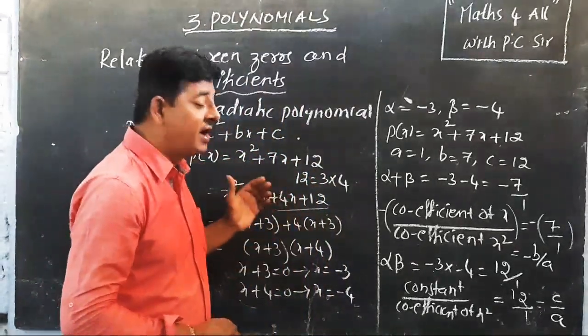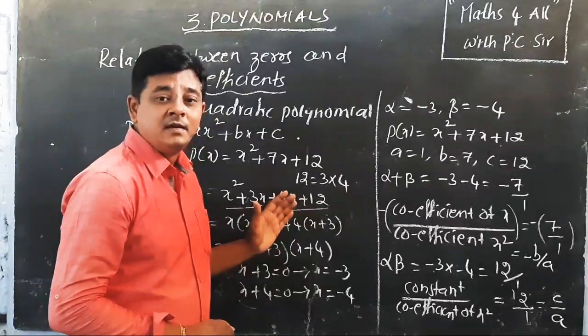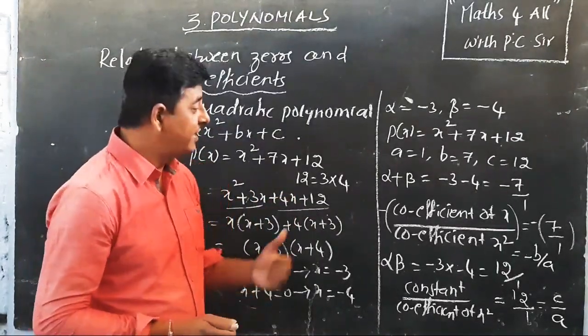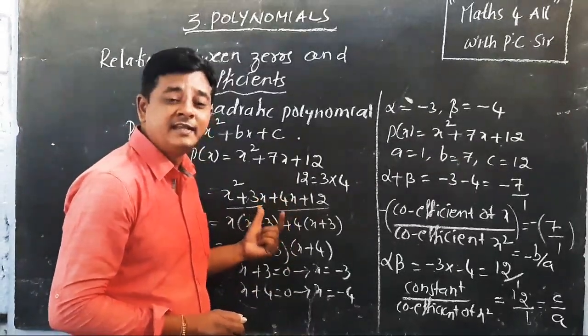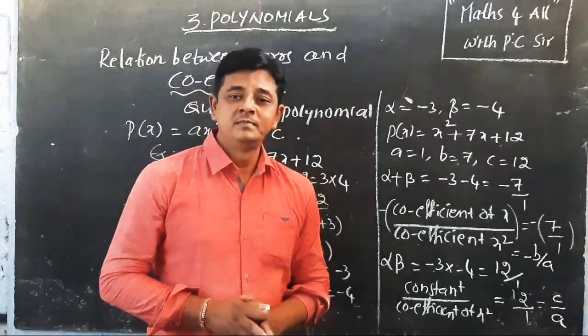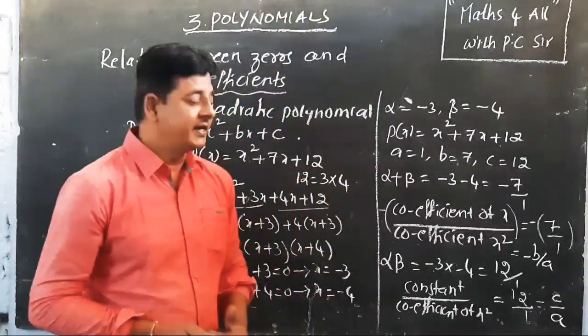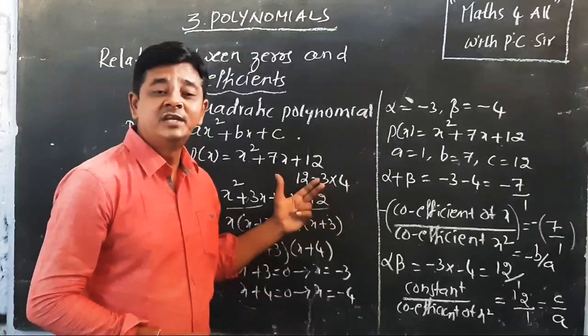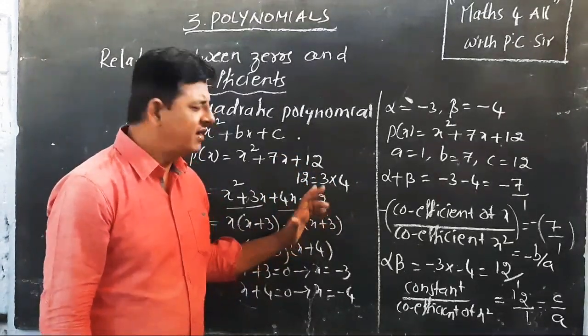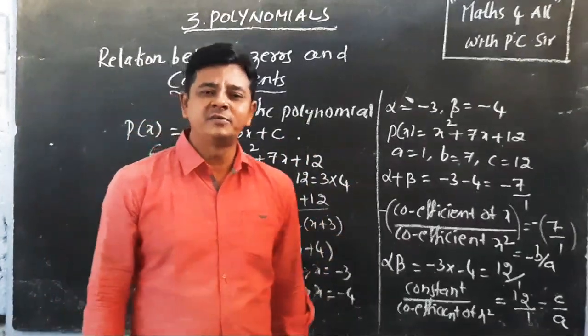And this topic is very important. In the 10th class examination, and not only in the 10th class, these fundamentals are also useful in the 9th class. These topics are very important for you. In higher classes also, you will get the relation between zeros and coefficients of a quadratic polynomial, as well as we should take the cubic polynomial also.